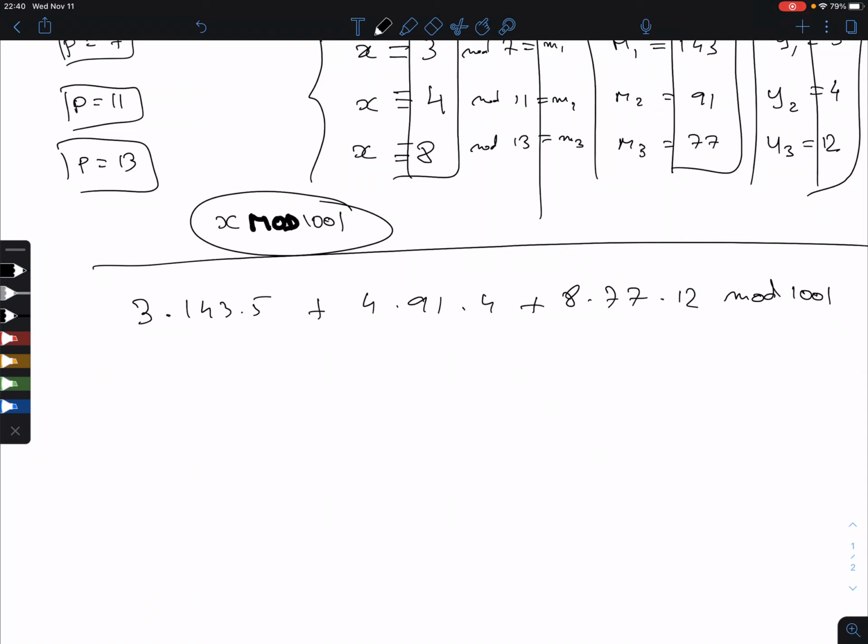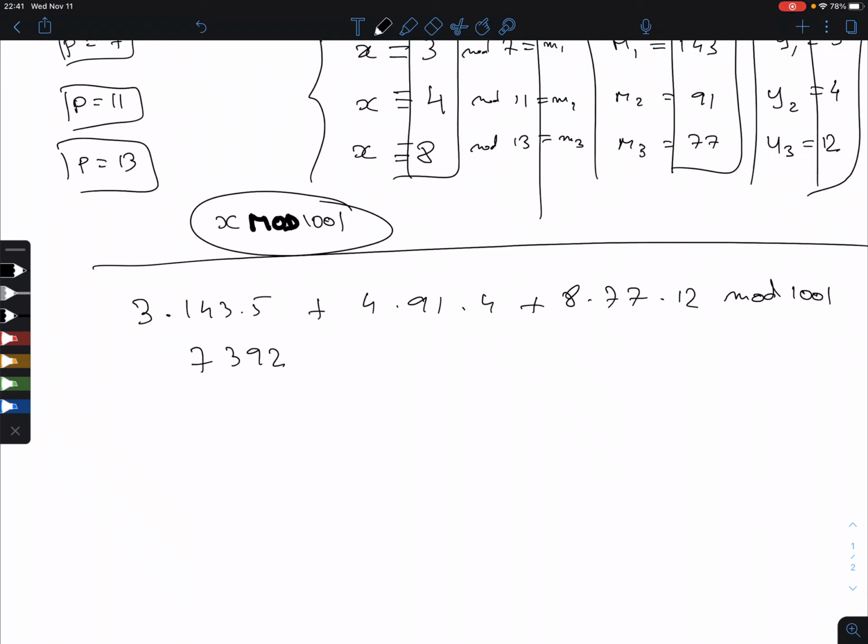15 times 143 plus 16 times 91 plus 8 times 12 times 77. This is supposed to be 7,392, and then mod 1001.